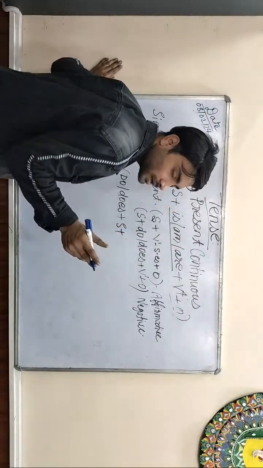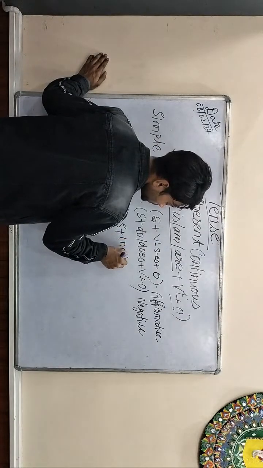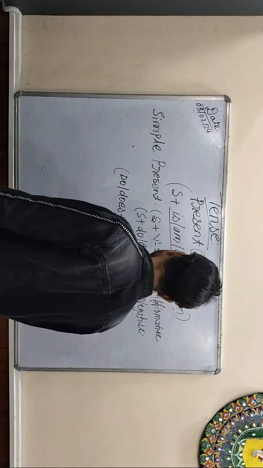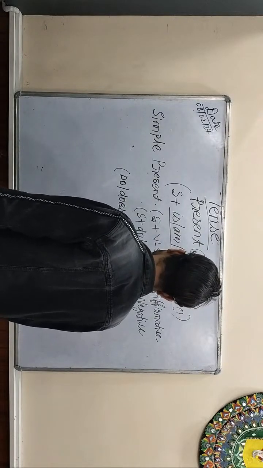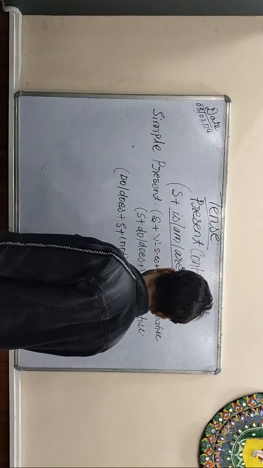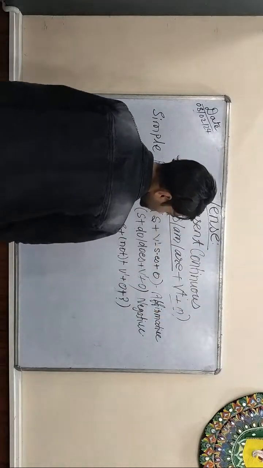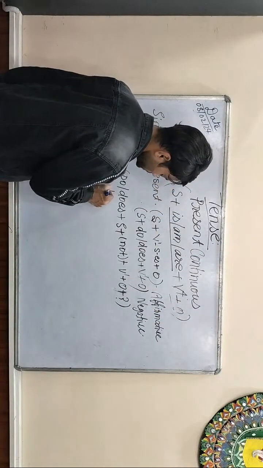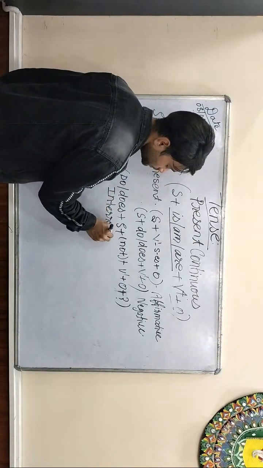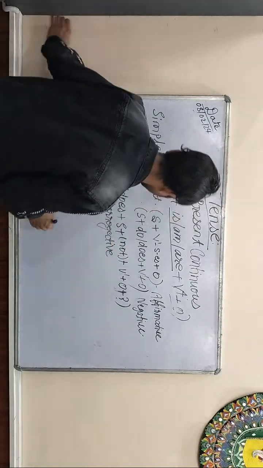If there is negative interrogative, you include not, plus verb one plus object plus question mark. This structure is used for interrogative sentences.